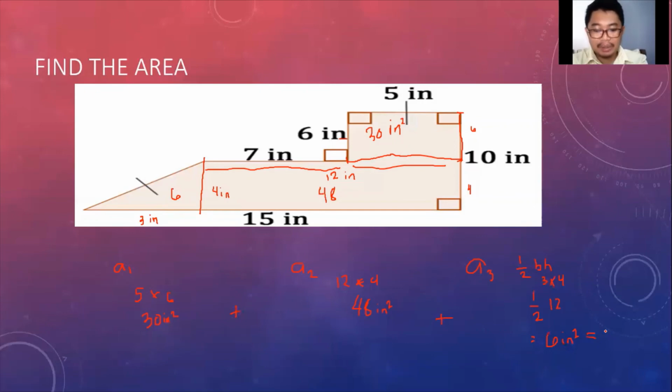We got a total answer of 30 plus 48 plus 6, we have 84 inches squared. 84 inches squared. So that is how we find the area of the following composite figure.